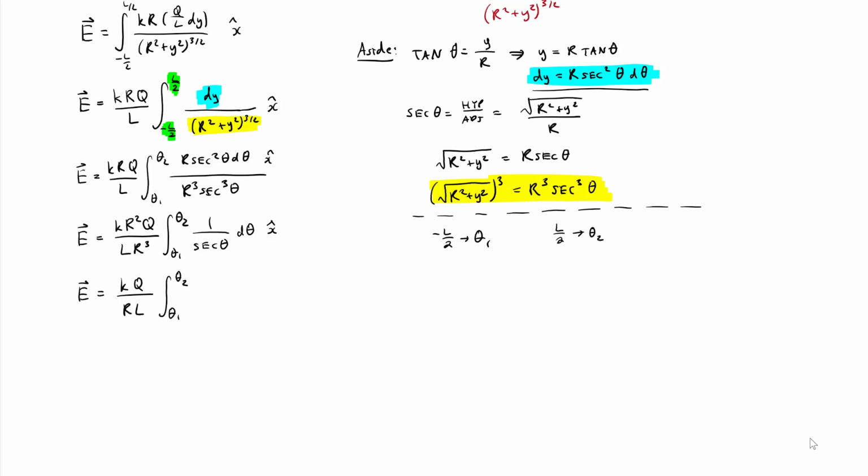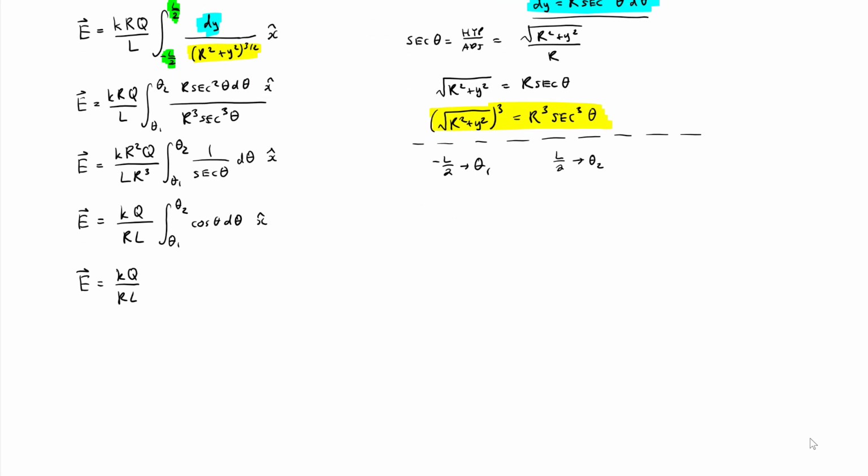Now, secant of theta is 1 over cosine of theta. So if I have 1 over secant theta, then it's simply cosine of theta d theta in the x direction. So now this is a much easier integral to solve. We have E being equal to kQ over capital R times L, and the integral of cosine of theta is positive sine theta, from theta 1 to theta 2, in the x direction.